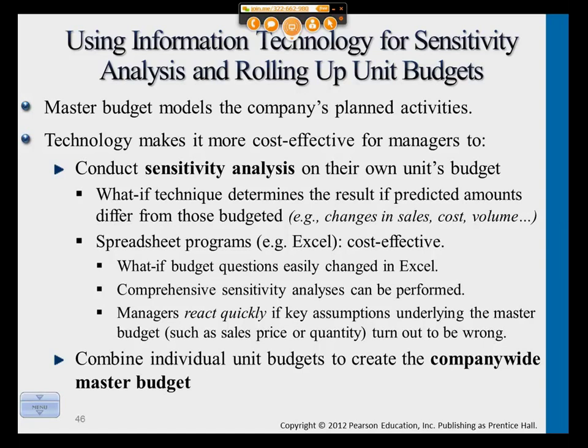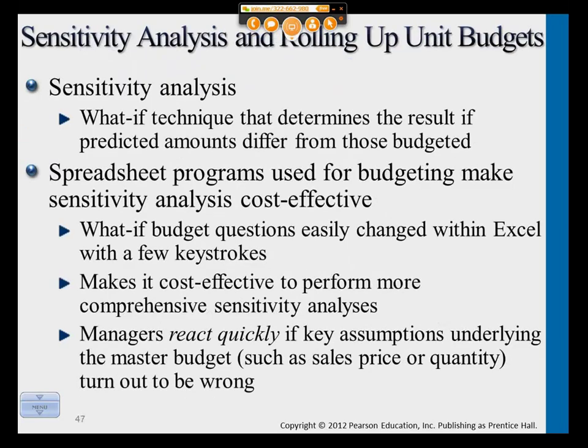Combining individual unit budgets to create the company-wide master budget is another way we use technology, to put together a master budget consisting of all the little budgets, right? Okay, so what is the sensitivity analysis?